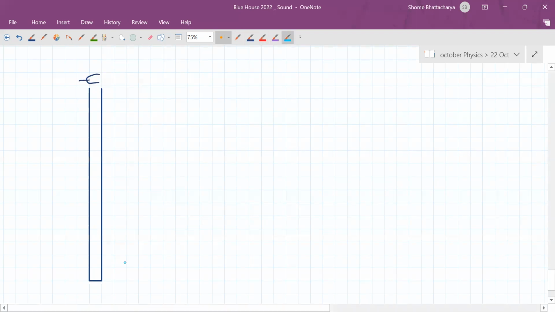We gradually start pouring water, and when the water level reaches here, the first resonance is heard. So H1 is the level of water for the first resonance.